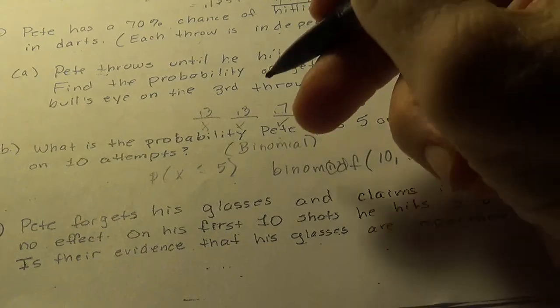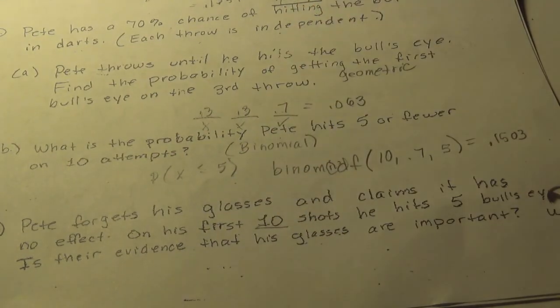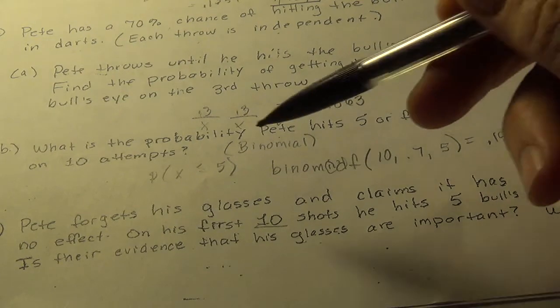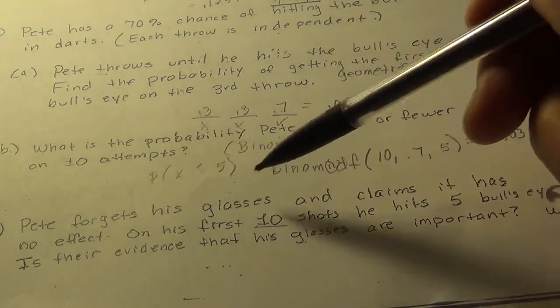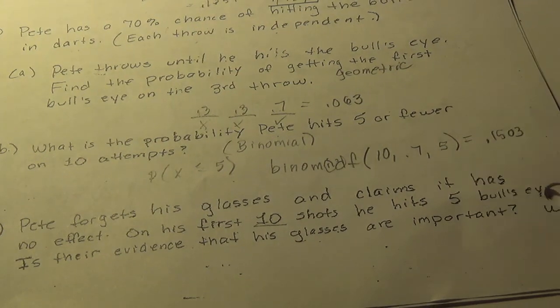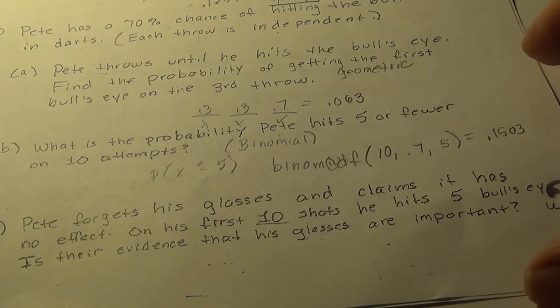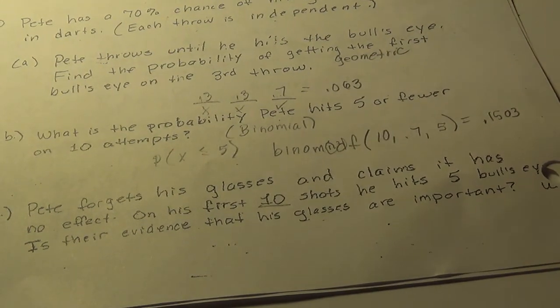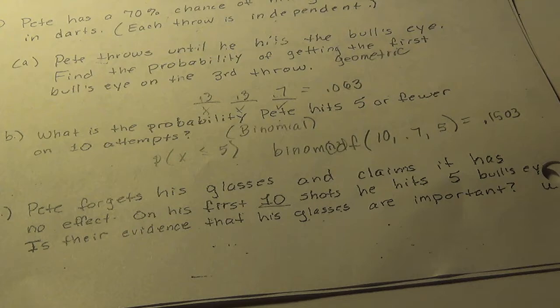All right. Pete forgets his glasses and claims it has no effect on his first 10 shots. So once again, we have 10 shots. We're in binomial land. He hits 5 bullseyes. And is there evidence that his glasses are important? So let's find the probability of that happening. And if it's very, very, very low, then we would say that the chances of him doing that badly are so low that we are going to assume his glasses are important.